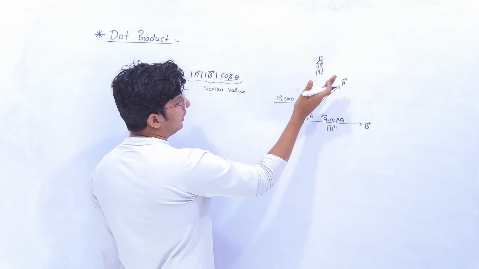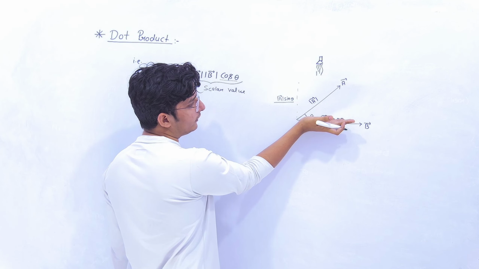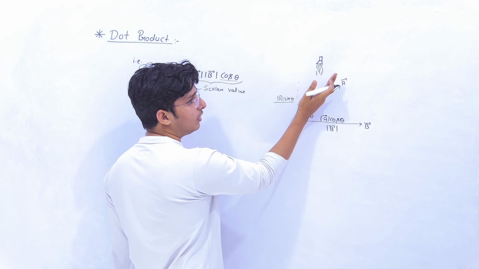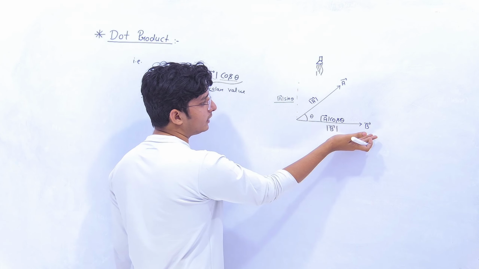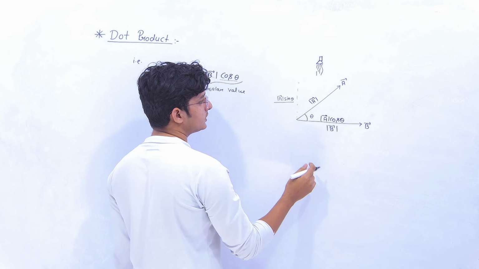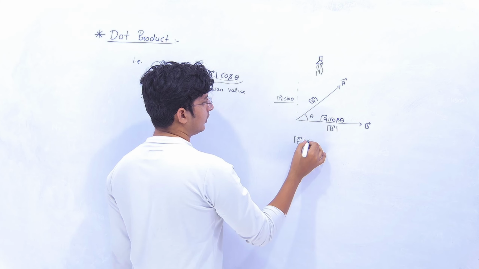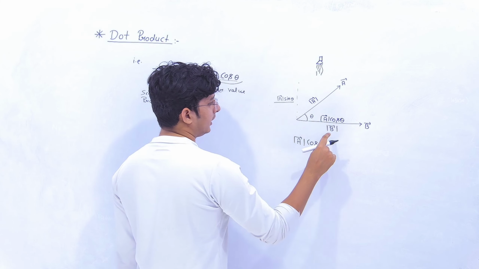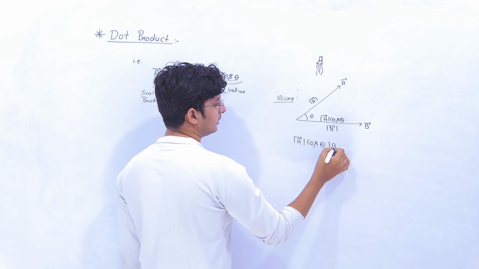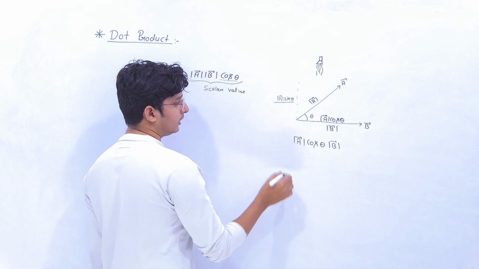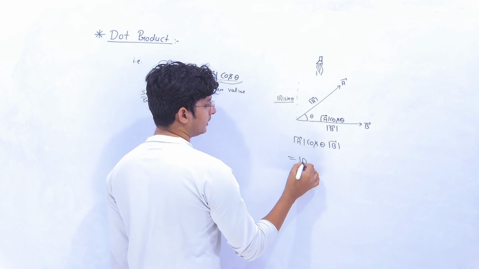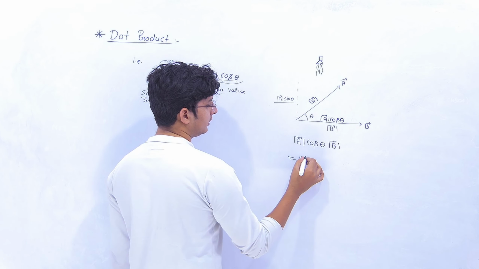Now, the horizontal component of a vector, or projection of a vector along b vector, what is the value of that projection? We write it a vector cos theta into b vector. Now look at it. What is this? A vector, b vector, cos theta.